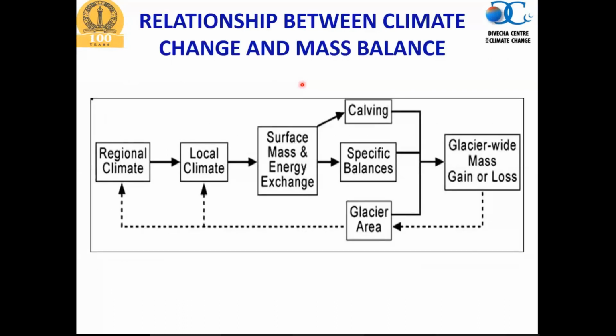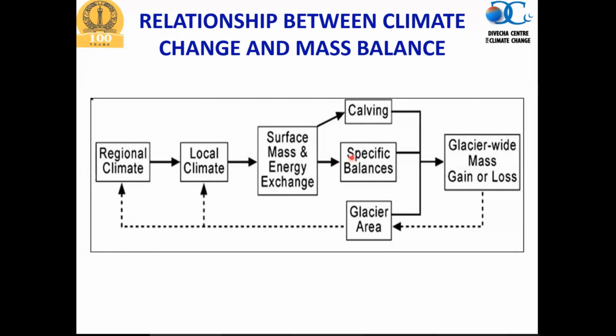So the relationship between climate and mass balance is important. You have regional climate, and it also leads to the local climate. Then surface mass and energy exchange will take place. And some of that is because of calving, some of that is specific balances. Specific balance is nothing but mass balance over a unit area.